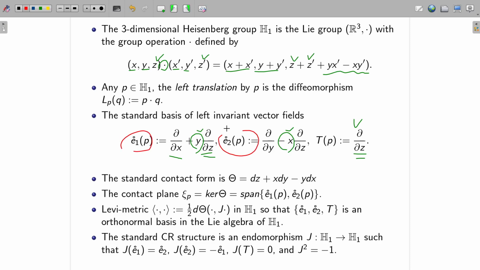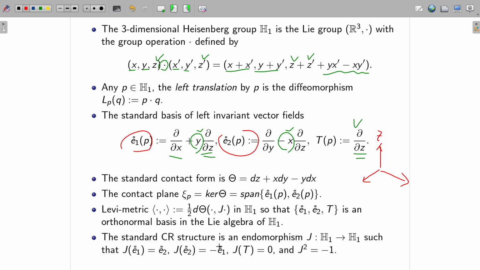And here we use a Levi metric. We use the contact form with some vectors in H1, such that E10, E20, and T, which is the third component of the Euclidean space, just the z direction, is an orthonormal basis in the Lie algebra of H1.